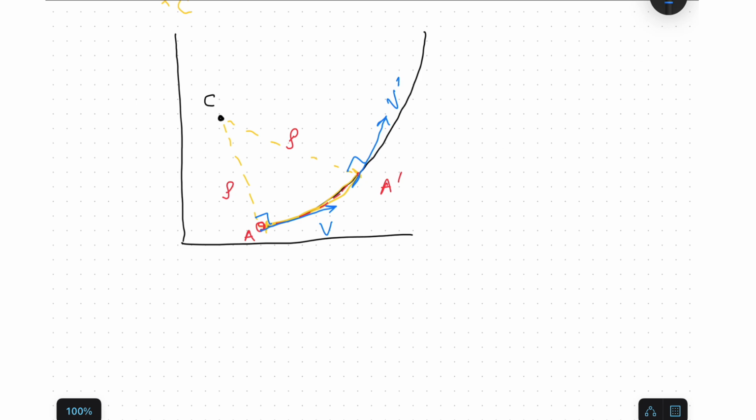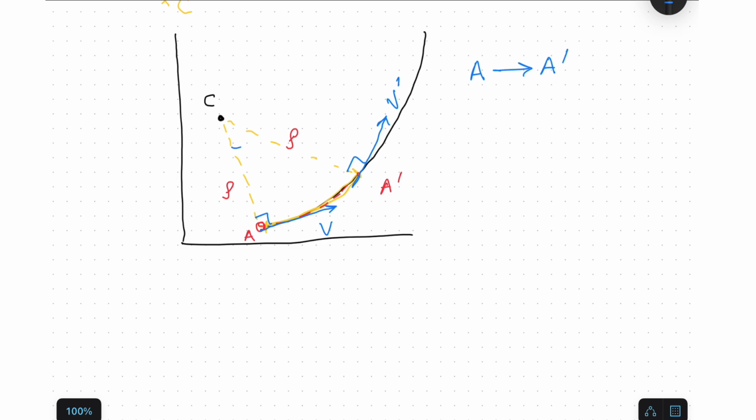Based on these concepts we will try to find the displacement from A to A dash. Once we get the displacement, it is easy for us to find the velocity and then acceleration using the time derivative. Before we move to this relationship, let's talk about some fundamental things. The car is at point A and now it's going to move to A dash.